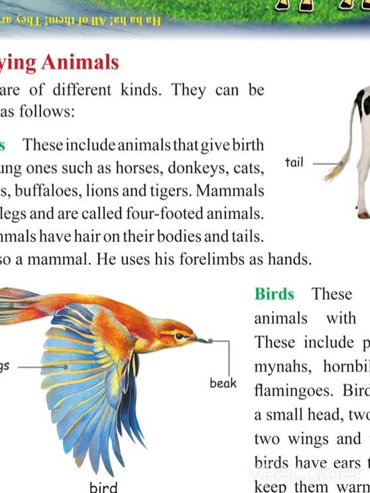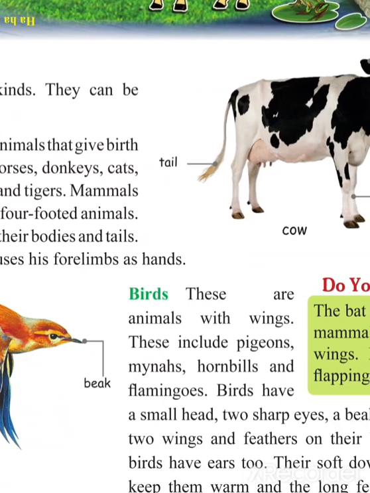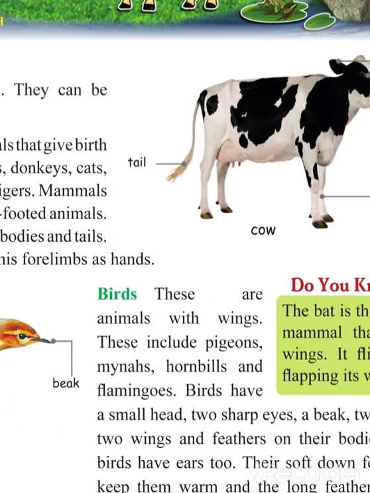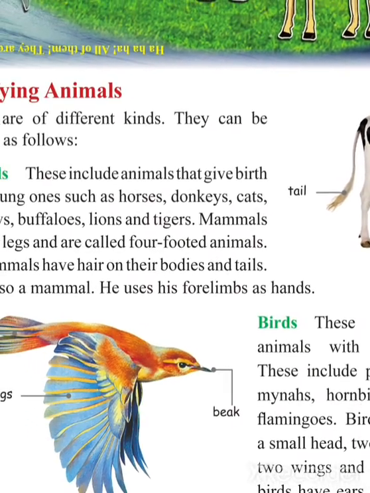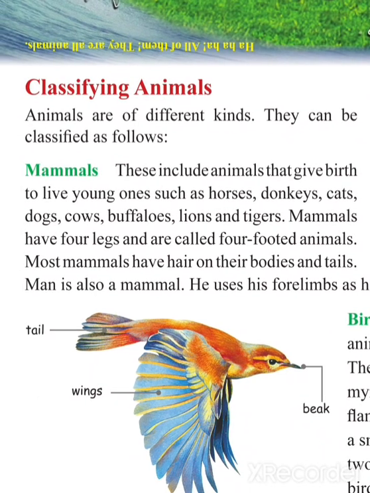The next one we are going to see is about bird. These are animals with wings, such as pigeons, hornbill, flamingo, and pigeons. They have the beak, two legs, and two wings, and a tail.